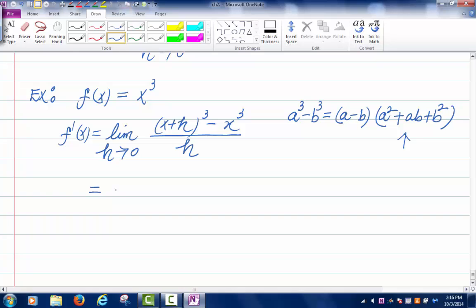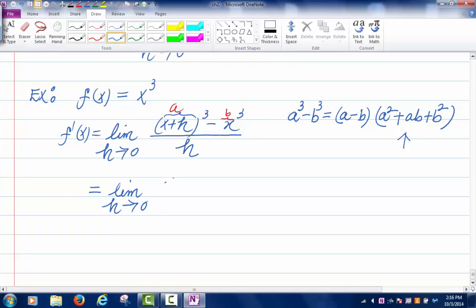Now, if I apply this, what's happening? Well, I'm going to take A to be this, okay? And B is x. So for us, A is x plus h, B is x. So if I apply the formula that I just gave you, what am I going to get?